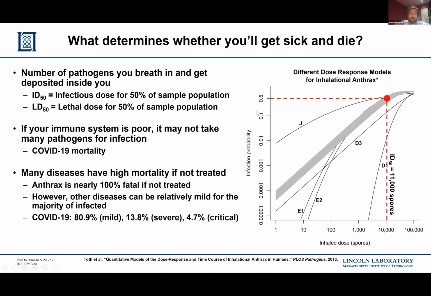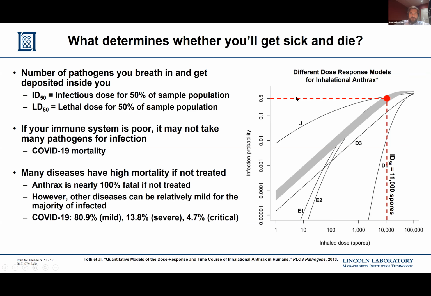On the right side here, I've provided for anthrax how they've derived the ID50 number, so the amount of infected from a certain number of doses. This is probability on the y-axis, on a logarithmic scale.